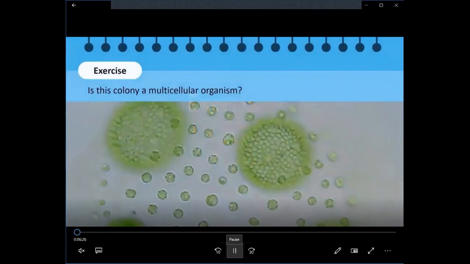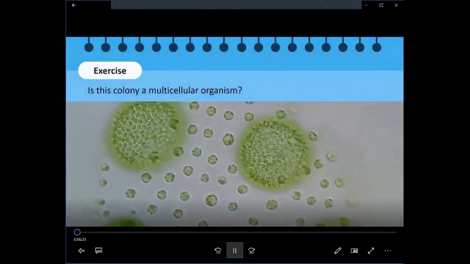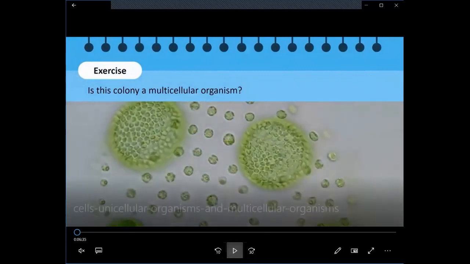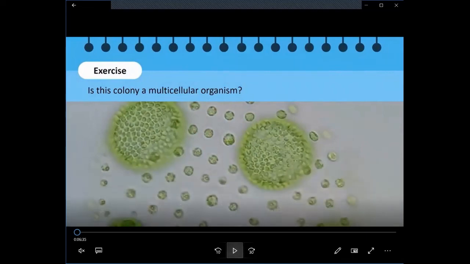If a group of unicellular organisms are working and living together as a colony, is this colony a multicellular organism?